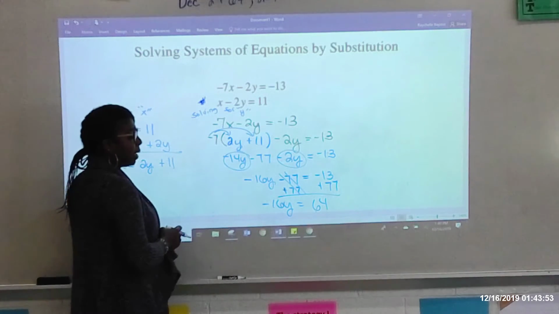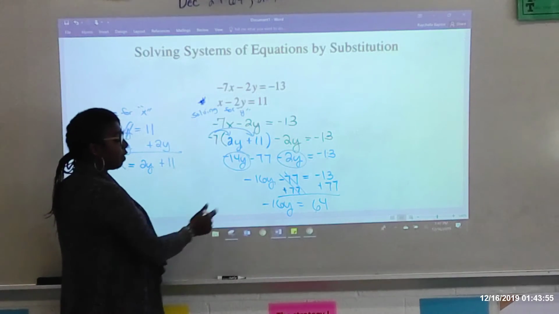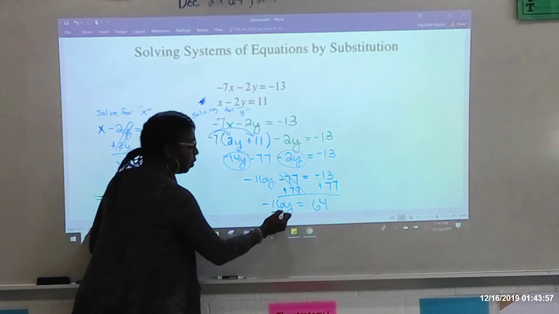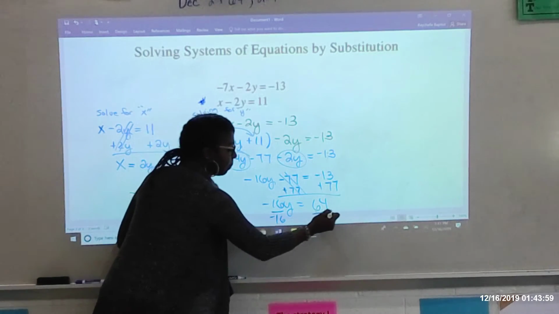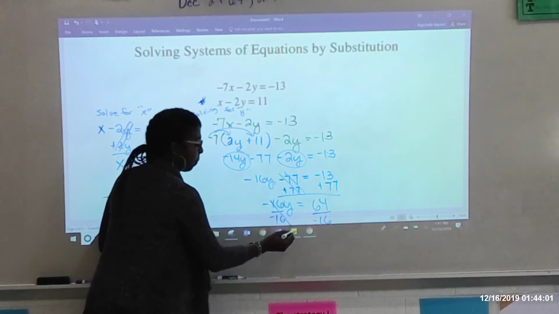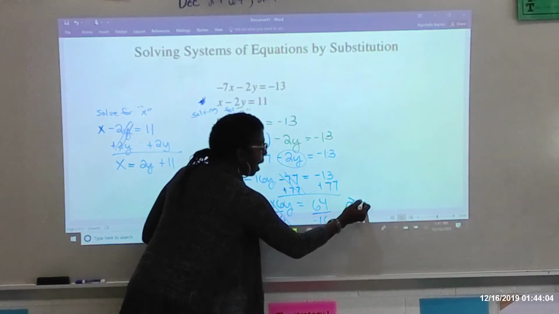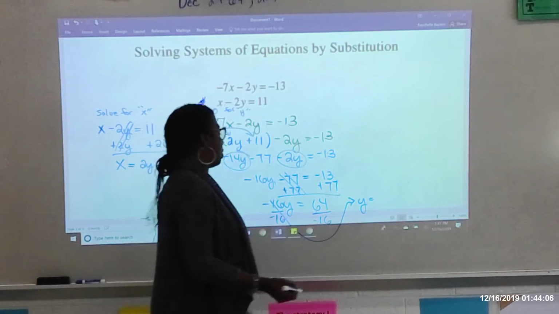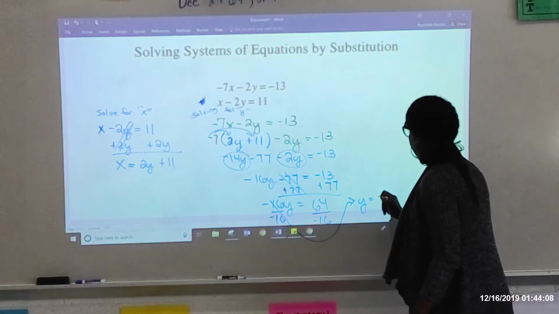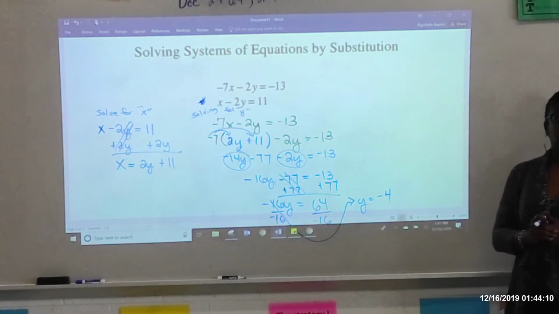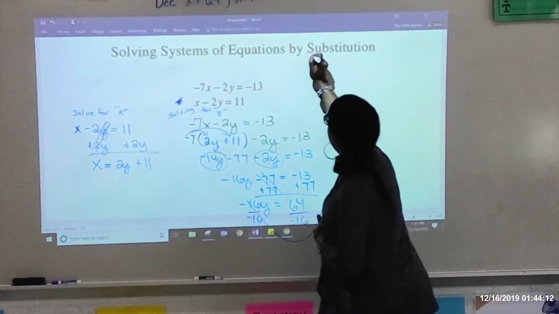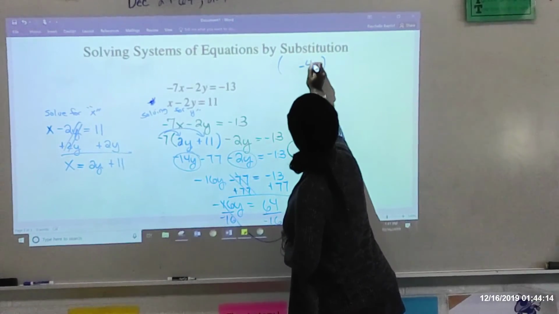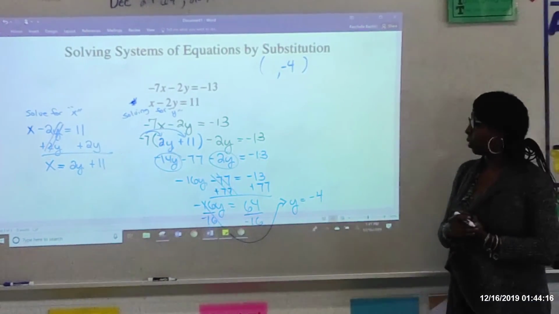Well, I want to get y by itself, so the inverse of multiplying by negative 16 would be to divide. y is now equal to negative 4. So I'm going to put up here in the solutions, negative 4 is my second number in the solution.